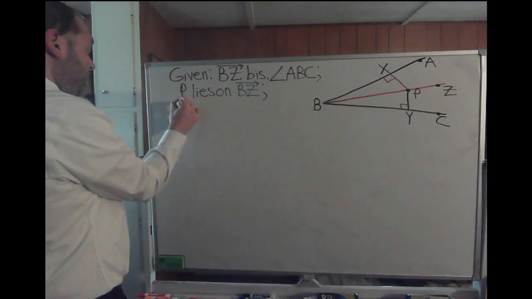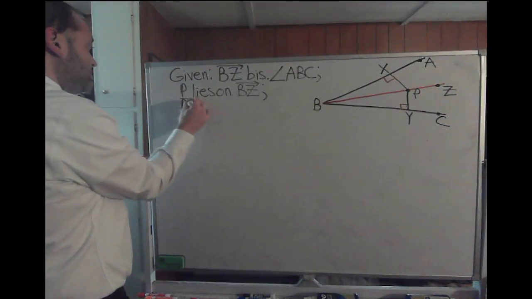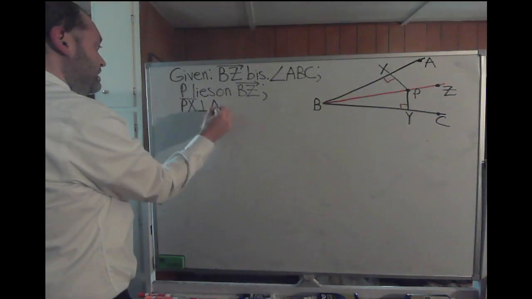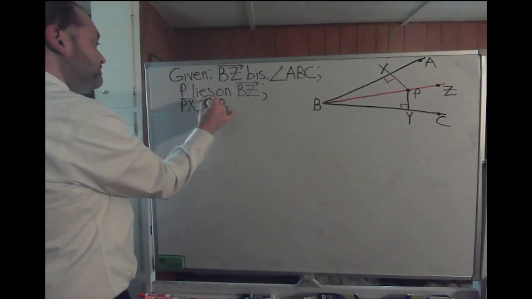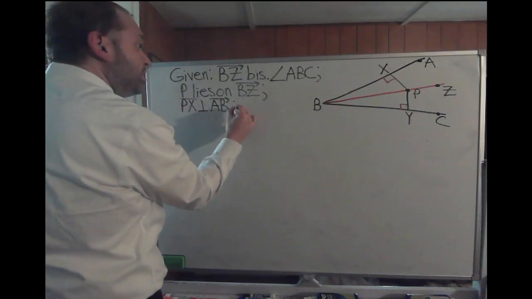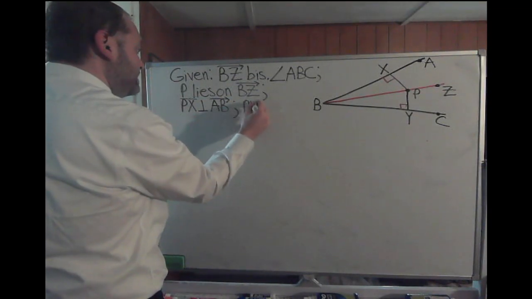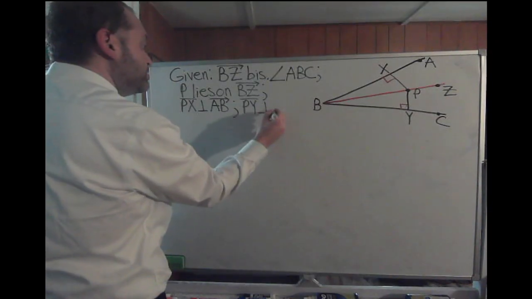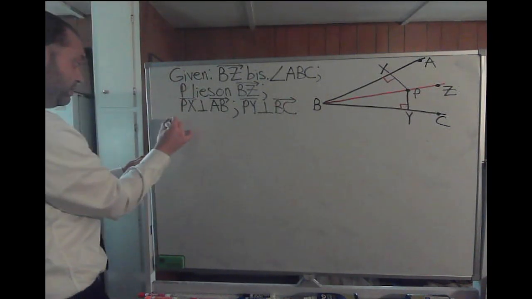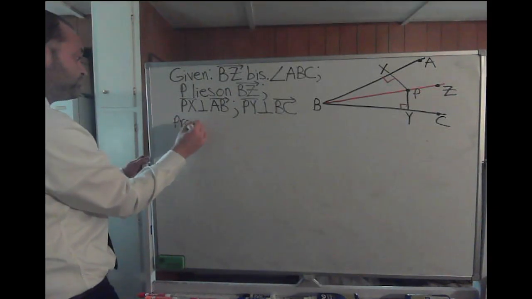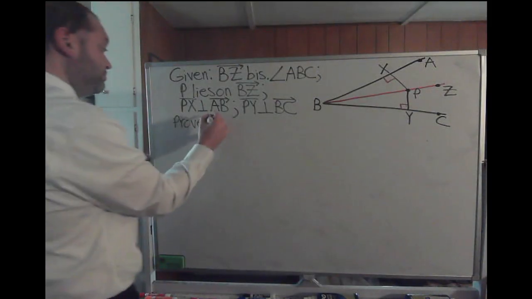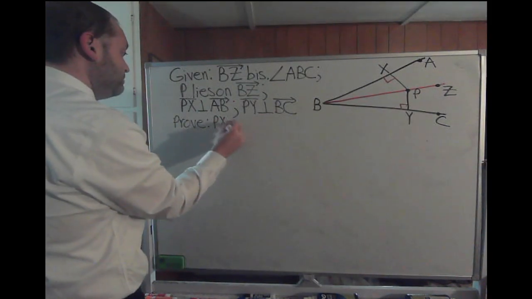We are given that line segment PX is perpendicular to AB. It's perpendicular to ray AB. Then we are given that PY, that segment, is perpendicular to ray BC. So what are we going to prove out of this? Well, we're going to prove that PX equals PY.